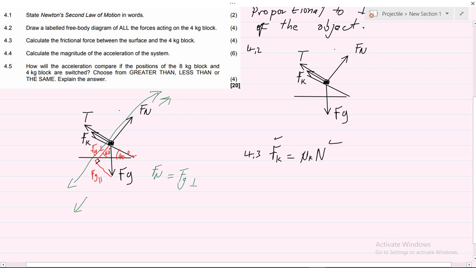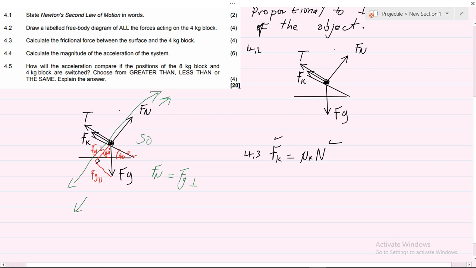If we are looking at this angle, Fg perpendicular is the opposite side. We want to use the 40 degree angle in our triangle and the hypotenuse, so which trigonometric ratio is that?